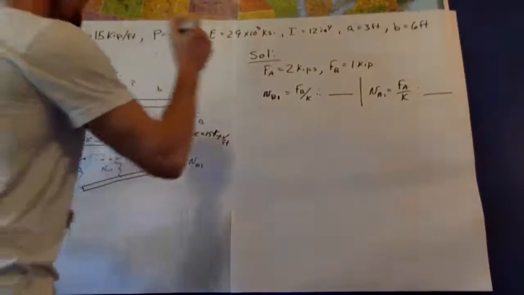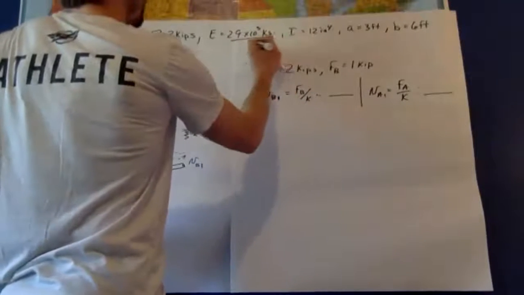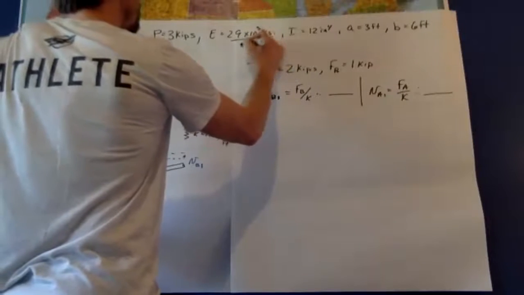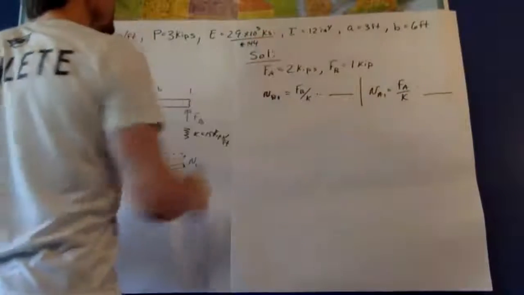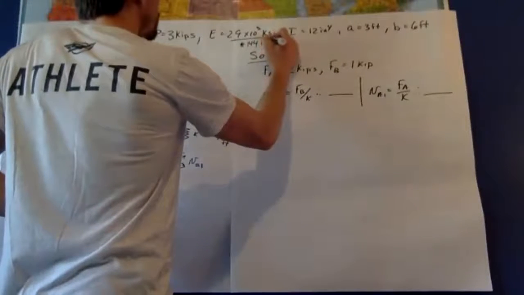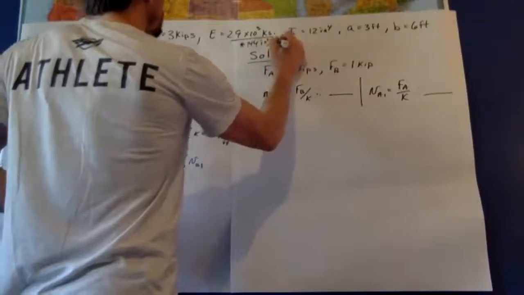So if we do this to this, we would multiply by 144, and that would be inches squared over feet squared.